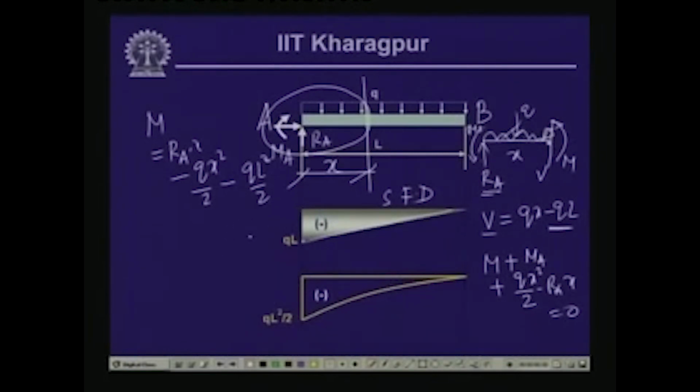Now at x equals 0, we find that the bending moment value is equal to minus QL square by 2, and at x equals L, we find that QL square by 2 minus QL square by 2 is 0. So it varies again in a parabolic manner from minus QL square by 2 to 0. So this is the shear force diagram, and this is the bending moment diagram for this particular beam.